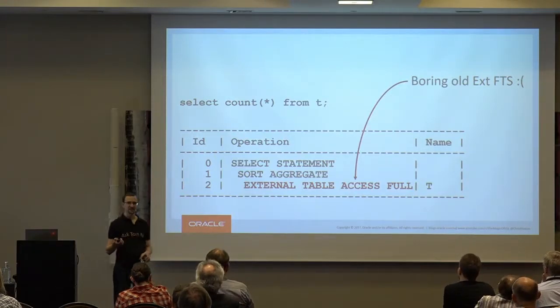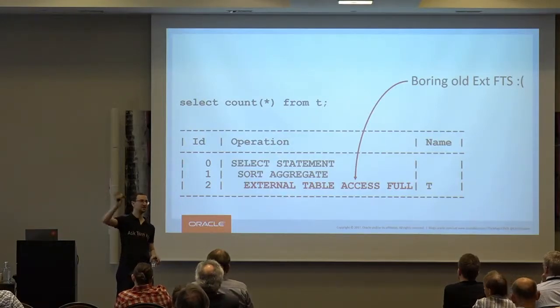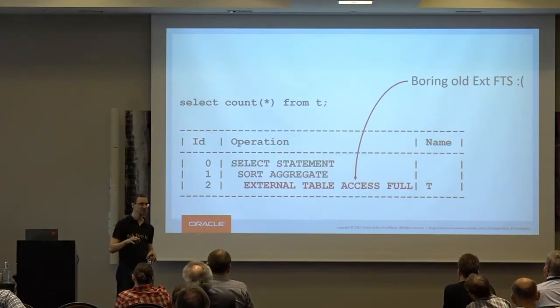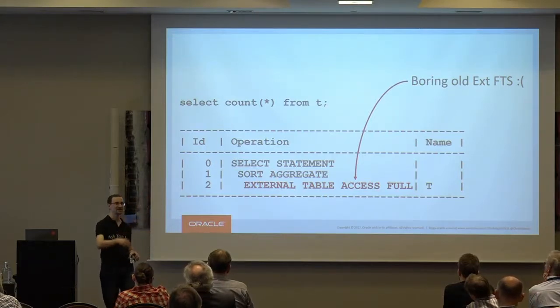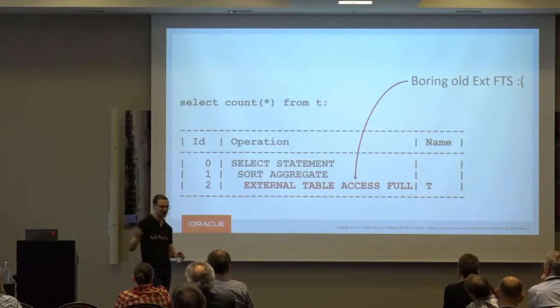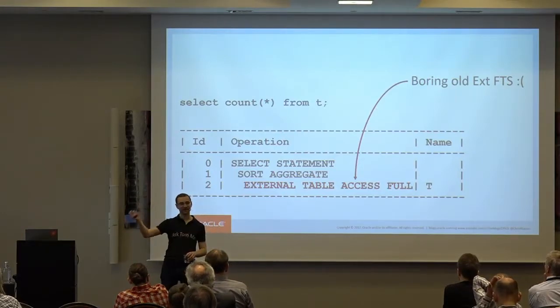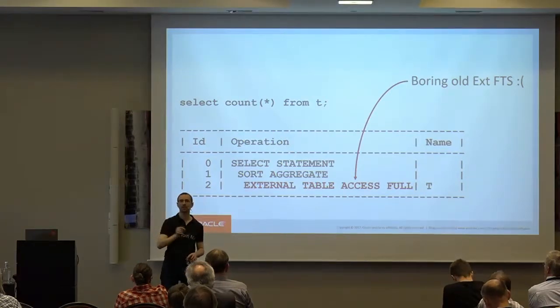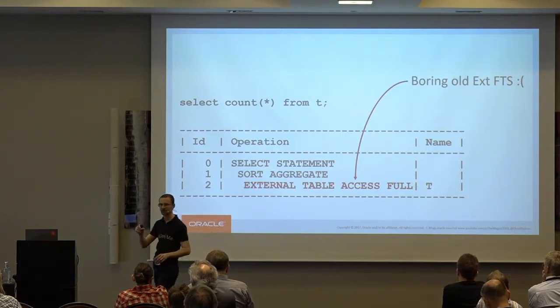Well, as I said, remember that the external table, the file, is outside the control of the database. So someone can come along and just edit it at any point, and the database doesn't know that. It doesn't know that someone has added a row or deleted a bunch or changed some values. By default in Oracle Database, we take the approach that you always want the correct, up-to-date version of your data.